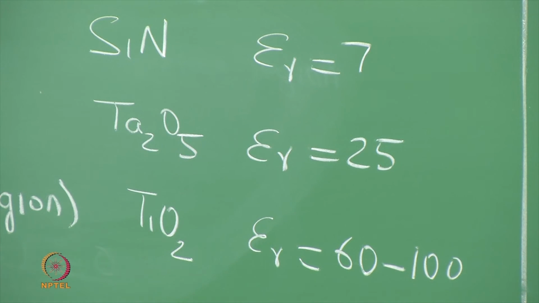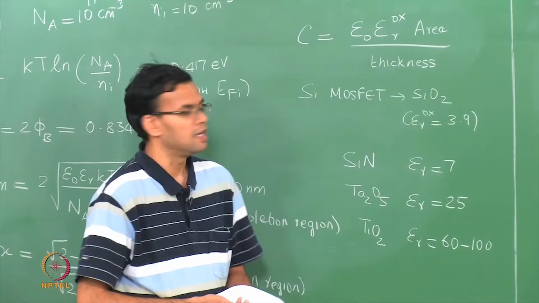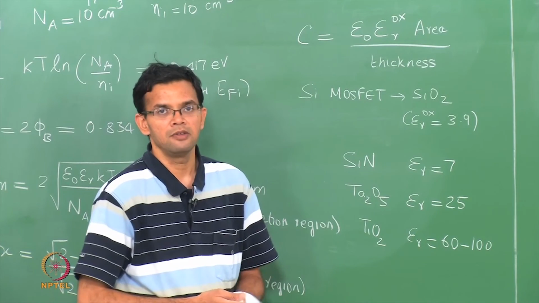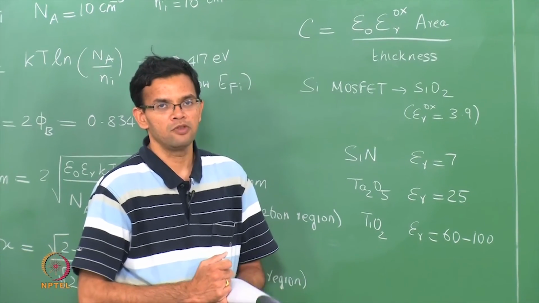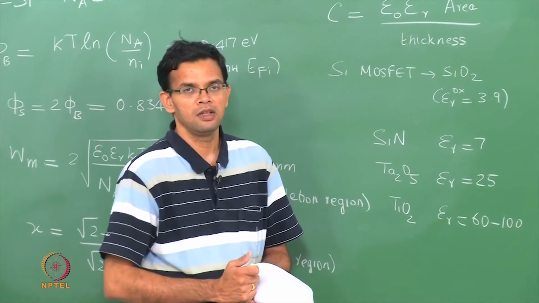So, in the recent IC industry, we replace the metal oxide semiconductor with an insulator that has a high dielectric value. With this, we are done with the MOSFET part of the course and the transistors as well.